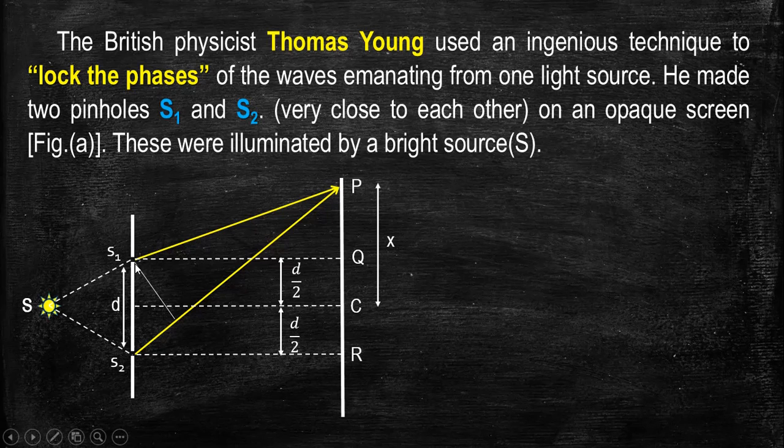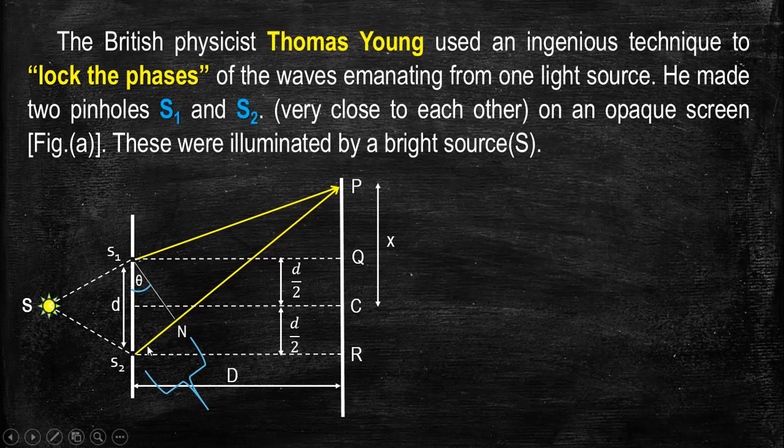And I draw one perpendicular from S1 on S2P, and I call that point N. Then this is a small angle theta, and the distance between the sources and the screen is capital D, and this S2N is nothing but the path difference.